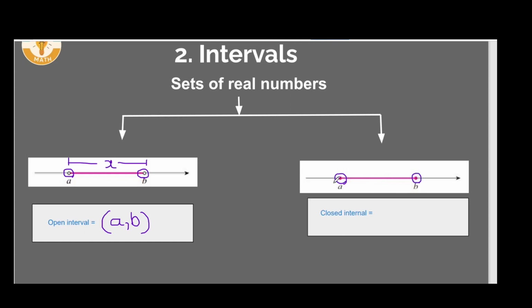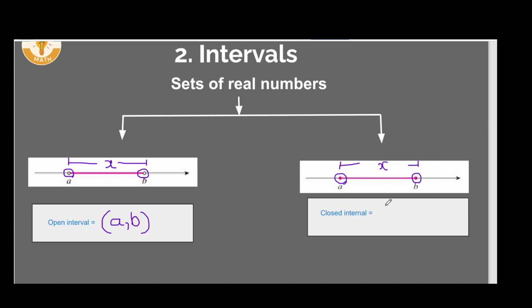So it means that the value of X lies between A and B, including both A and B. In an open interval, we just include the numbers between A and B, but not A and B. In a closed interval, we consider both A and B and the numbers between A and B.